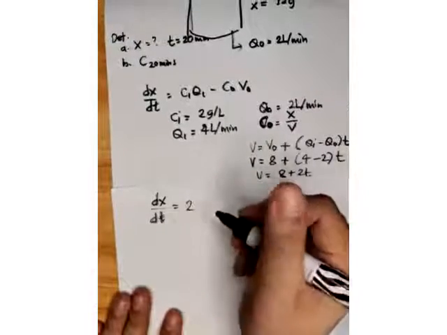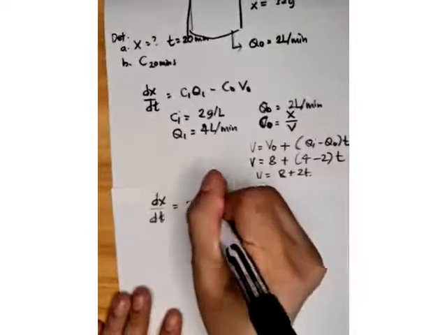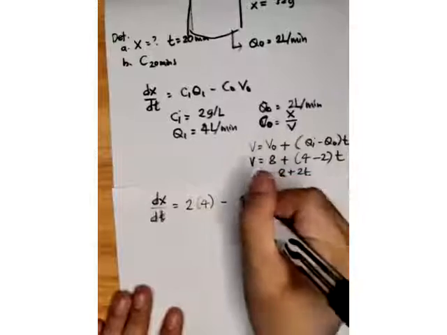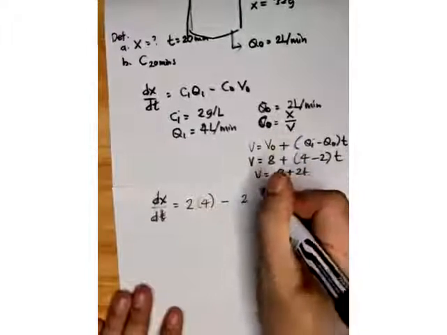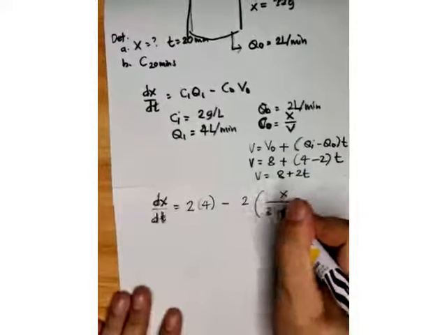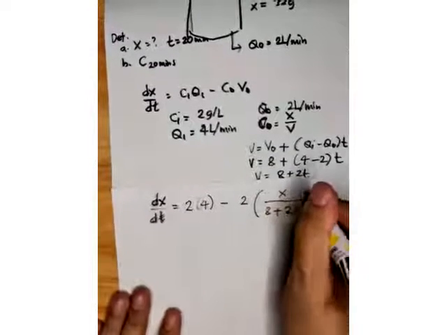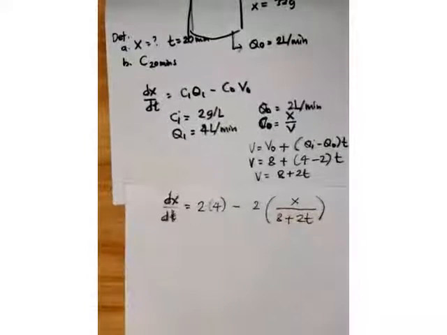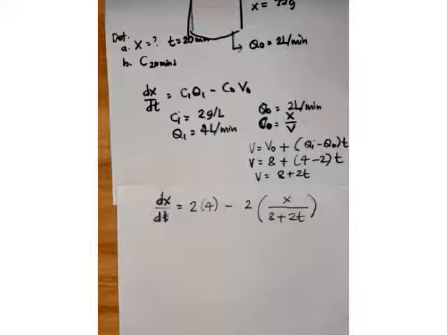So that's equal to 2 times 4 minus 2 times yung C sub O natin ay x over 8 plus 2t. Okay? May questions sa equation natin?